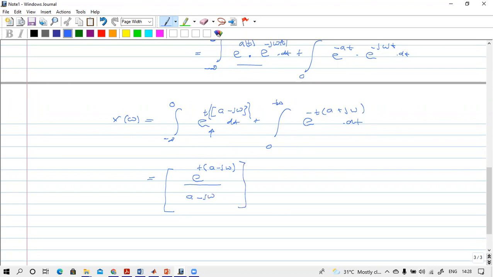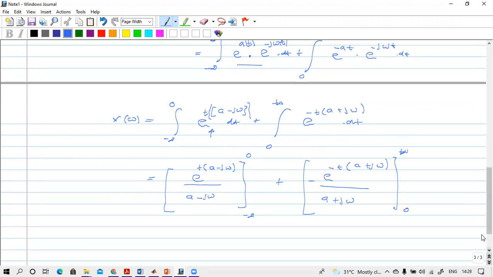So we have this term from minus infinity to 0, plus, if we integrate this term, you will have the same term, e to the power minus t times a plus j omega, divided by this constant. That means here you have to consider the minus value, minus a plus j omega. So this is from 0 to plus infinity.